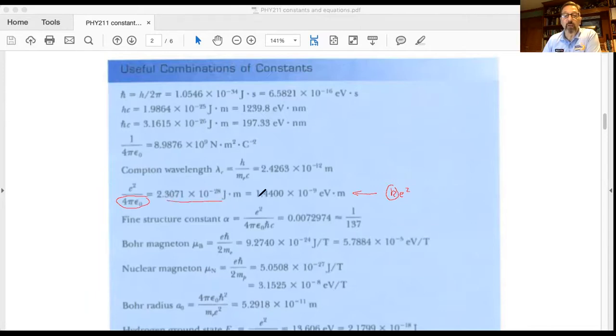But regardless, you've got those combinations of constants written out in either joule meters or eV meters, depending on which unit you need. So when you're doing the calculation, you decide, do you want to go 1.6 times 10 to the minus 19th coulombs squared, multiply it by Coulomb's constant, 9 times 10 to the ninth newton meter squared per coulomb squared? Do you want to do that, or do you want to just come to this table and pull off the constant?